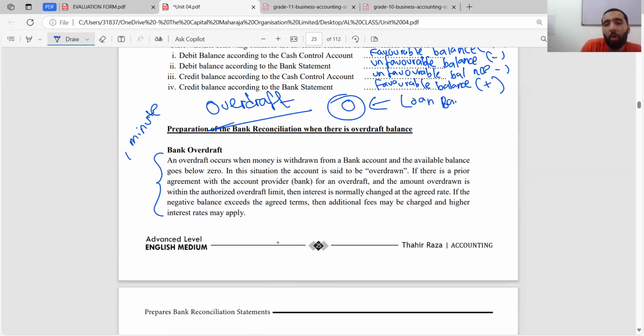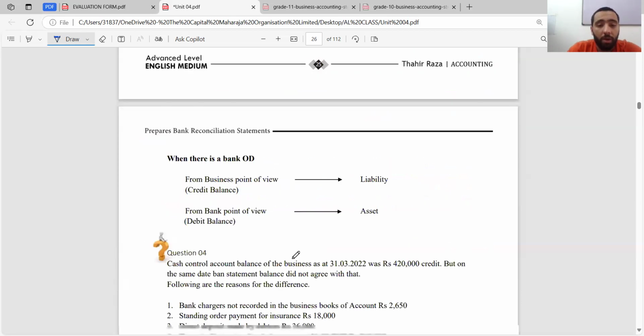Bank, I'm one of your most loyal customers, so please provide me a loan of 100,000. So this is a minus balance. This is what is called overdraft. Very simple.